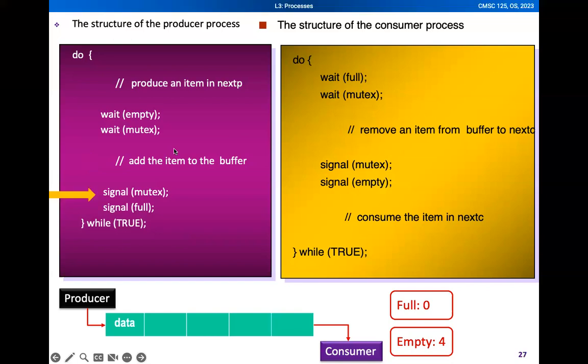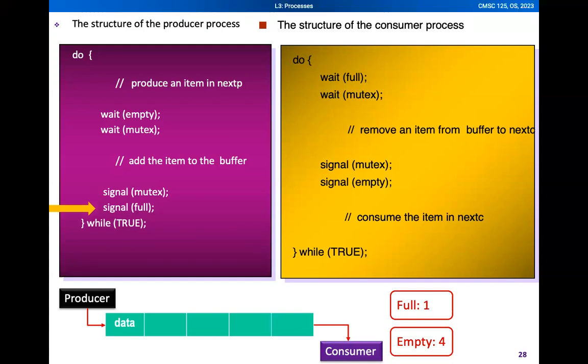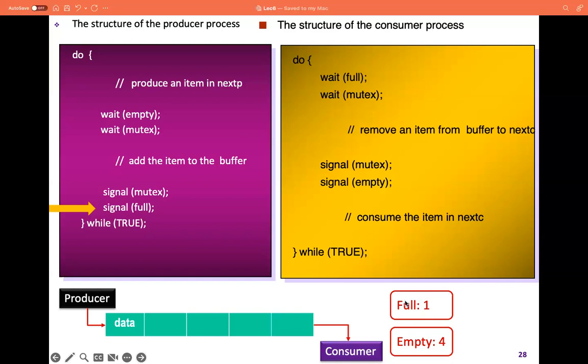Okay, and then it releases the resource, and next is signaling the full. So signaling the full means incrementing the full variable by 1. So since you can see that there is already data inserted here, that means that we have 4 empty slots and 1 buffer that is full.